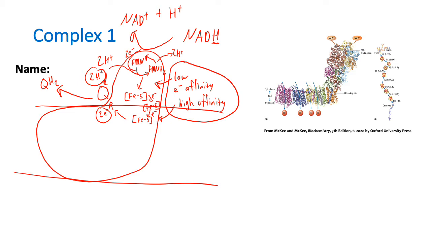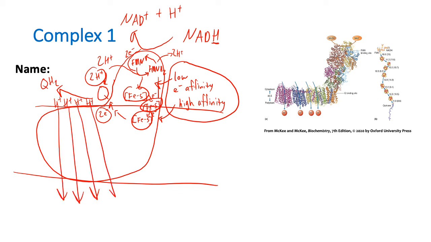Okay, so as you go from this iron cluster to that iron cluster to that iron cluster, you can think of energy being released. And that energy is high enough to where protons over here in the matrix are being passed across to the intermembrane space, only because the iron sulfur clusters are passing around an electron. And so at the end of complex 1 you just pumped 4 protons to the intermembrane space.